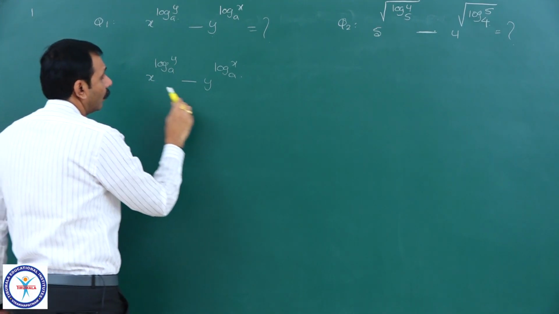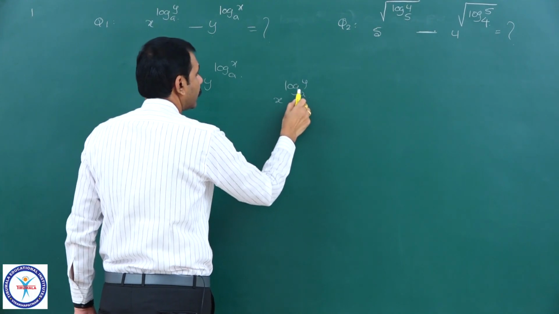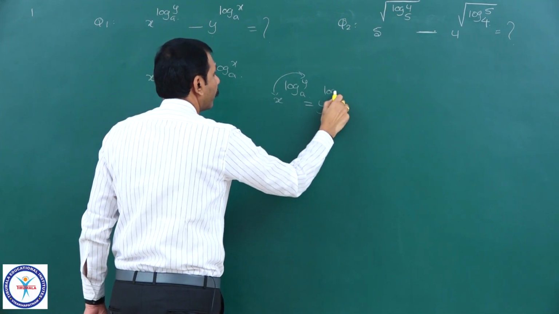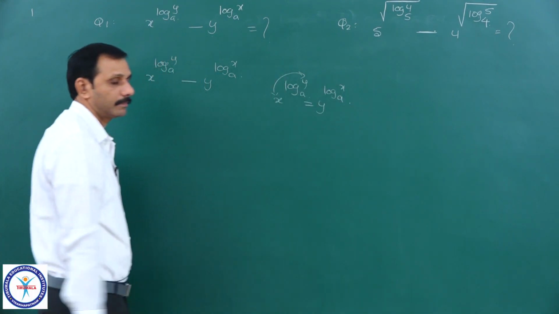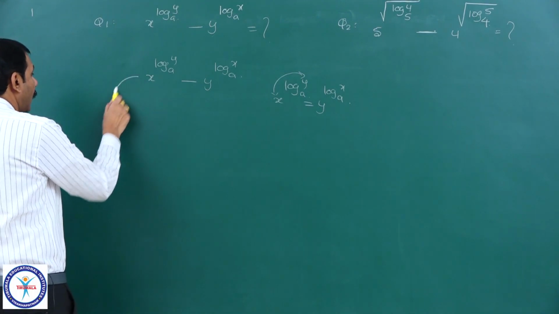Of course, we know already, we have derived that x power log y to the base a, these two can be interchanged, is equal to y power log x to the base a. By using the base change rule we did, or otherwise I will show you how.